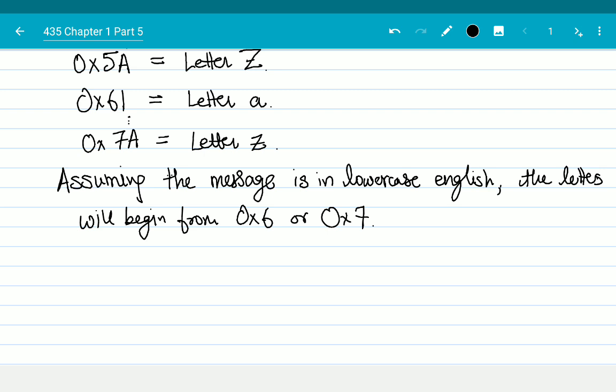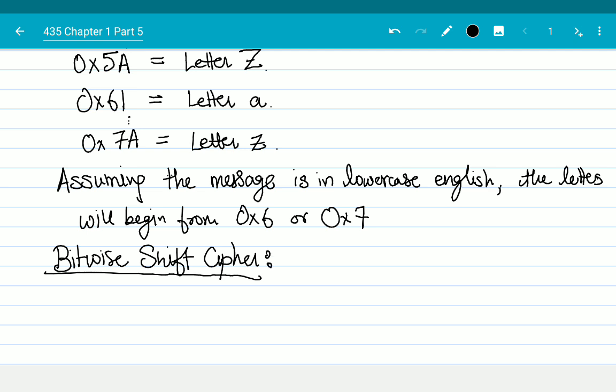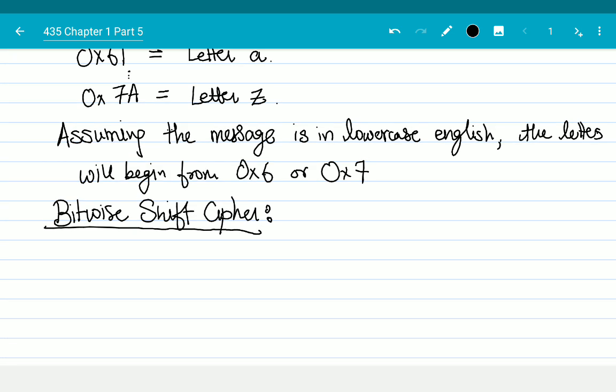So there are two ciphers that we are going to look at. First is the bitwise shift cipher, and then a modified bitwise shift cipher with a combination of the Vigenere cipher. So let the message space M be equal to strings of bytes, okay?